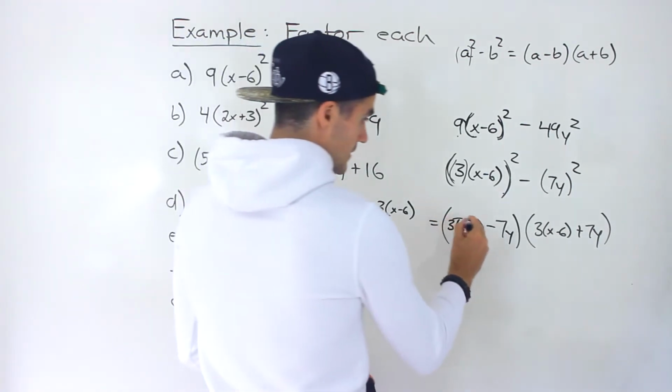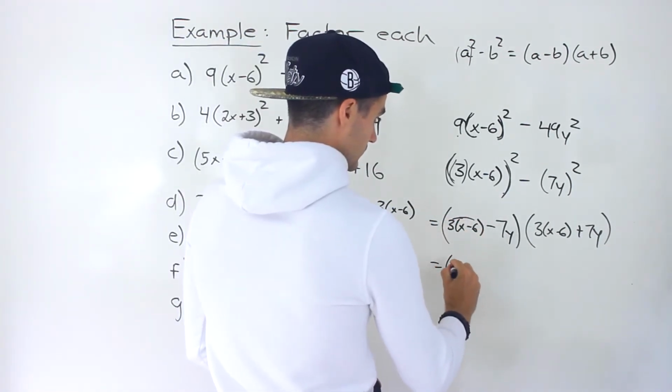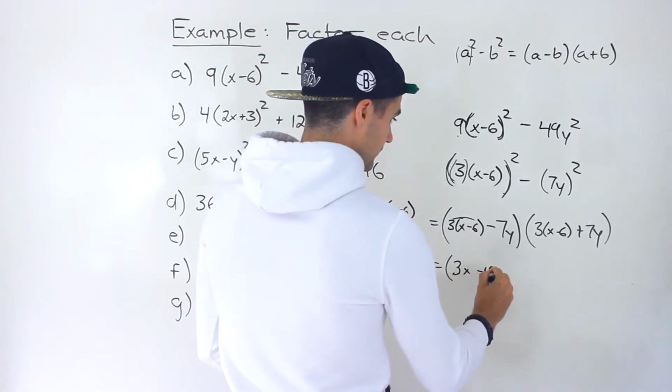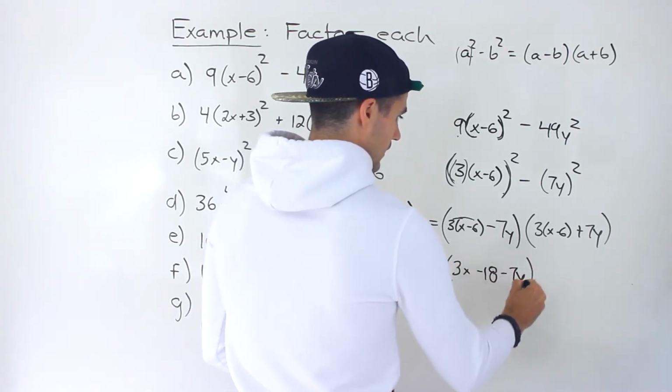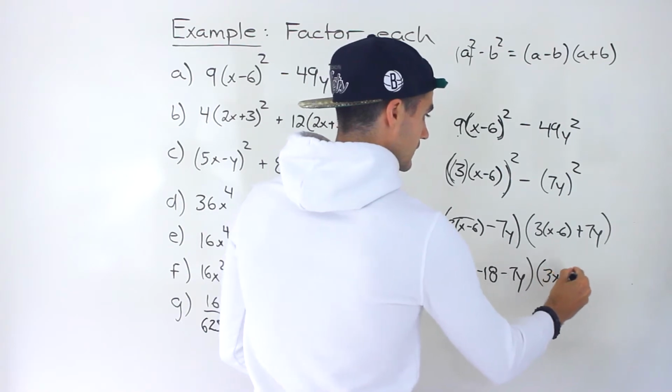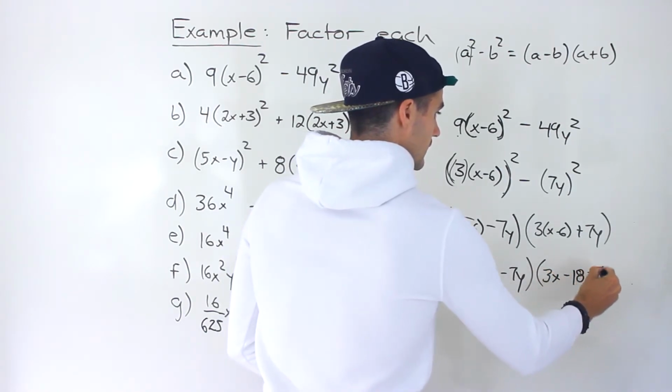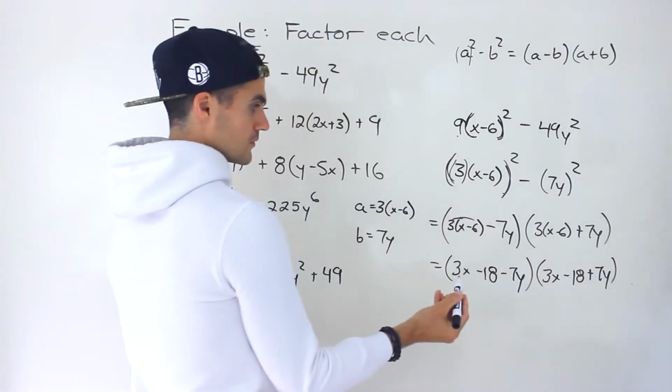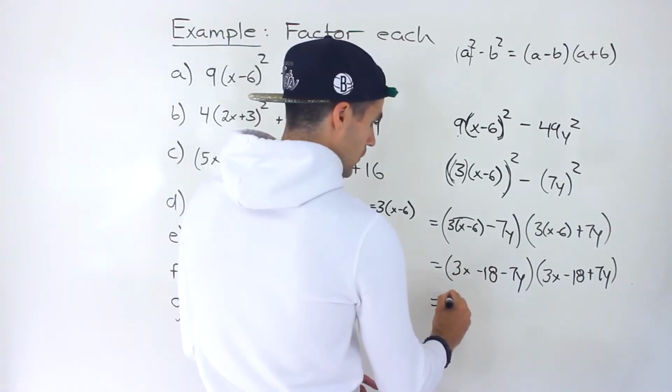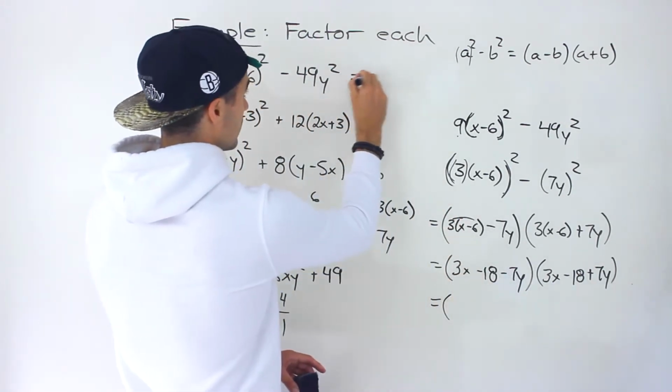And then to simplify this, you can distribute inside the bracket, and you end up with that right there. And you could rearrange it maybe if you want in a nicer format. So let's actually write the final answer here.